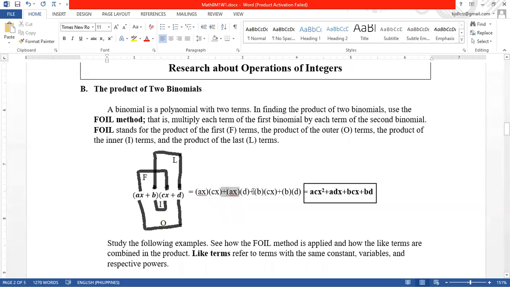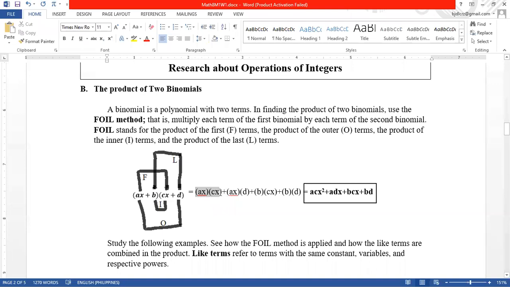So here ax and d. Then plus the product of the inner terms. So the inner terms are b and cx. So b and cx plus the product of the last term. So the last terms are b and d.